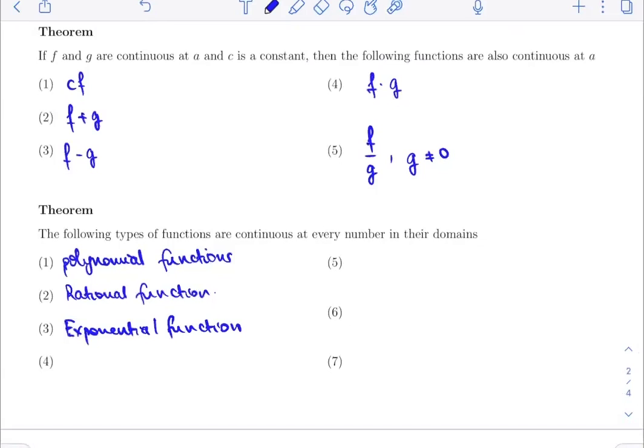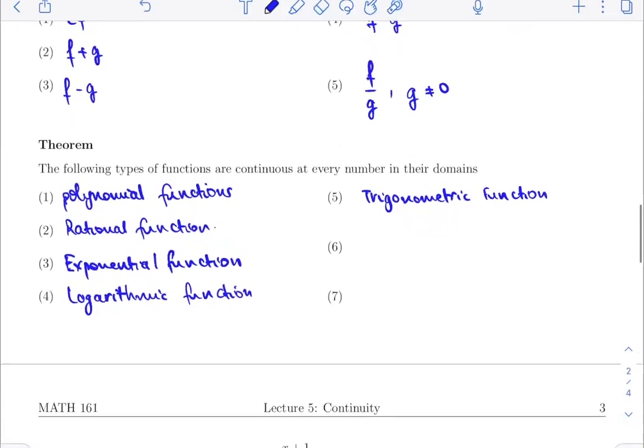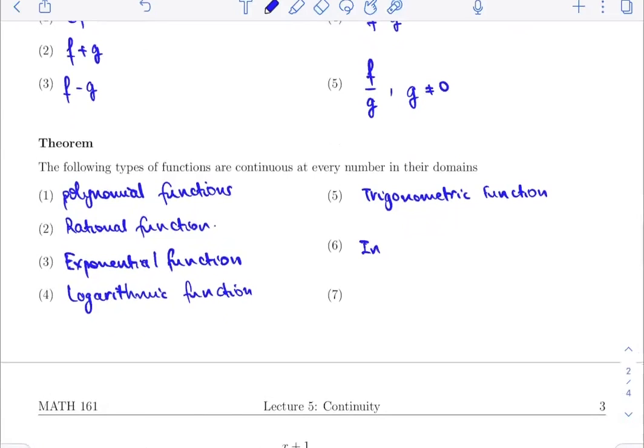The fourth is logarithmic functions. The next one is trigonometric functions. Number 6 is inverse trigonometric functions. And the last one is absolute value functions.